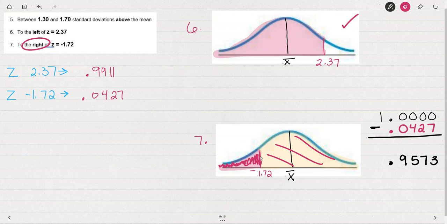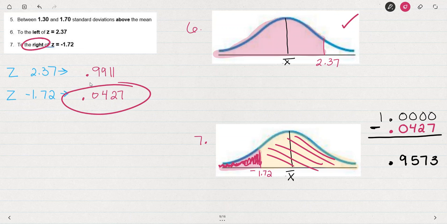Do you see that to find the area to the right, this piece over here, it's yellow highlighted with red stripes, I'm going to subtract the 0.0427 from the chart, subtract that from 1 whole, and I'd get 0.9573.